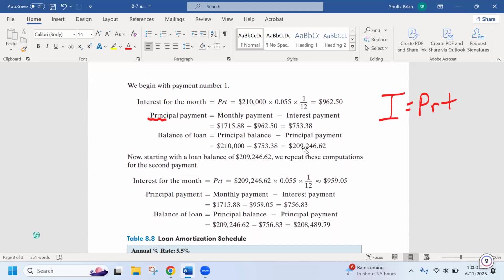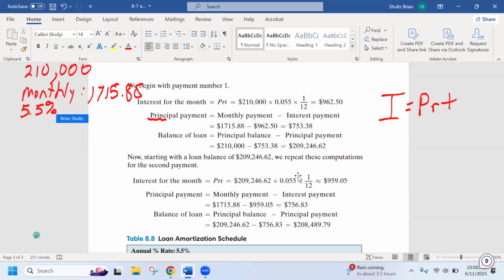I have a loan that starts off with $210,000, and my payment is $1,715.88 at 5.5% interest annually.